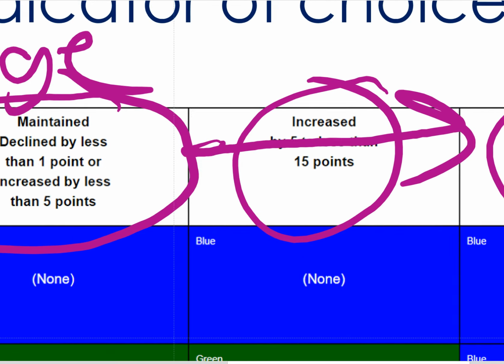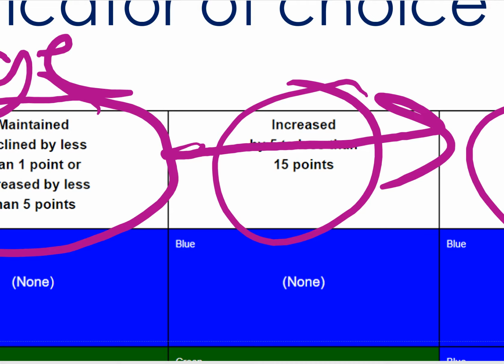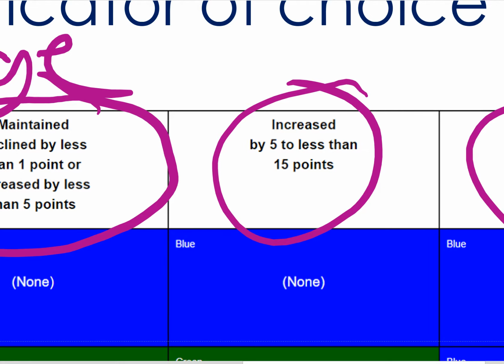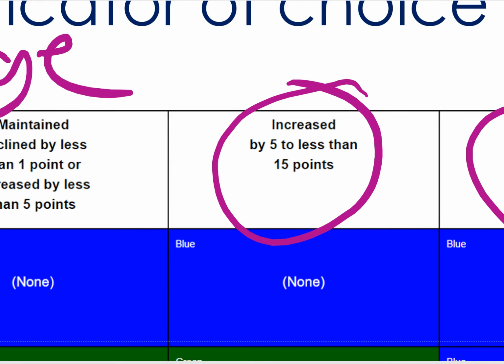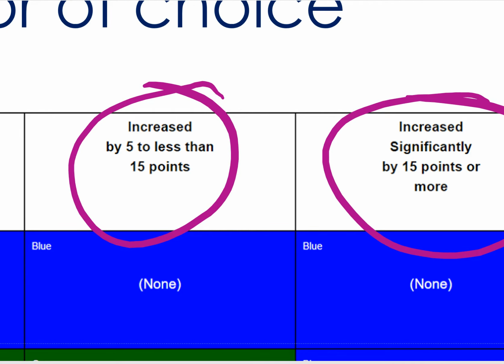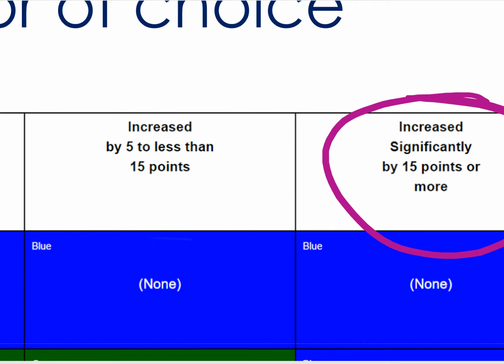Moving over to the right, we can be increased by, oh, there's a marker that's in our way. Let's see if we can erase that. Increased by 5 to less than 15 points, and then obviously over to the right, increased significantly by 15 points or more. So that's what's going across on the top.